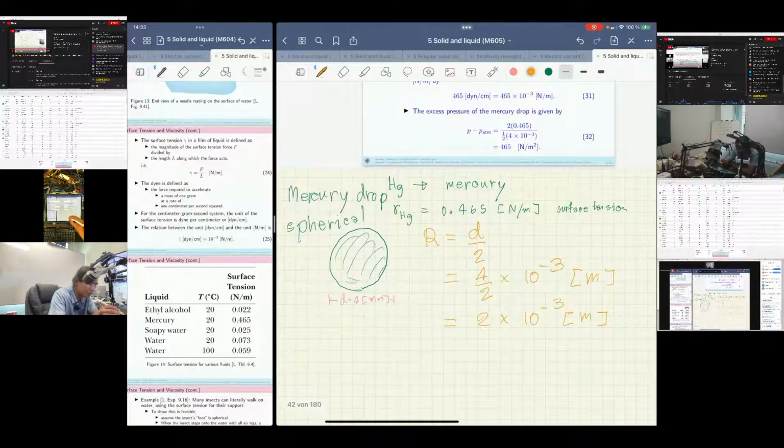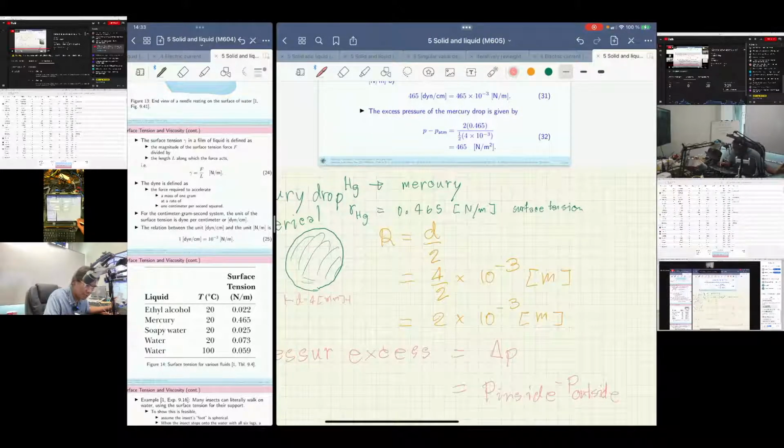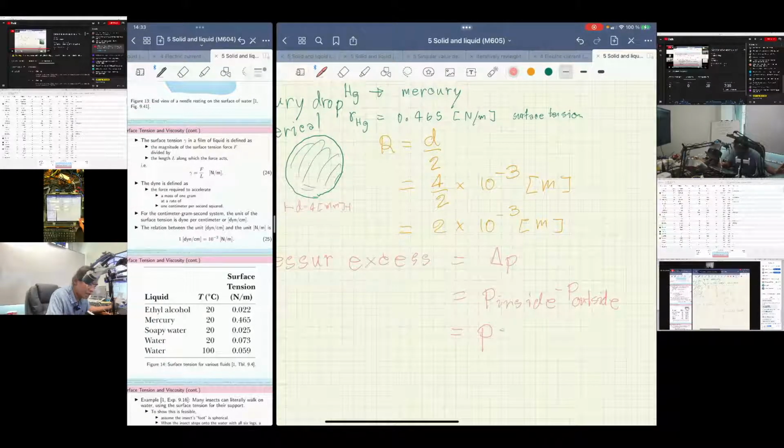The pressure difference, or excess pressure, is delta P, which is small p inside minus p outside of the drop, or equal to P minus P atm.